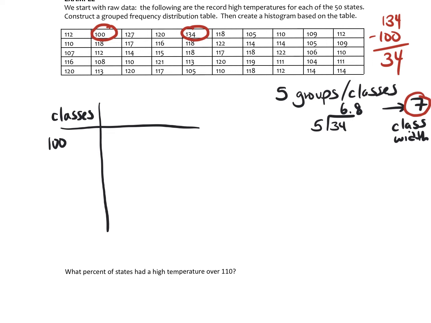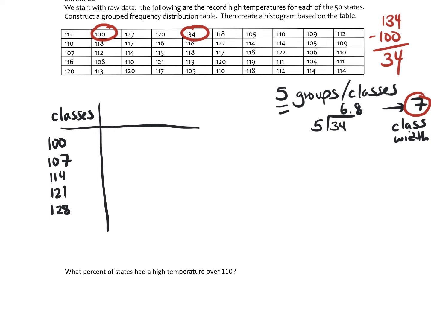So I take 100 plus 7 and get 107. Then I just keep adding 7 each way down. And there are my 5 classes, because I decided to have 5. I could have done 7 or 6 or whatever, but I decided to do 5.